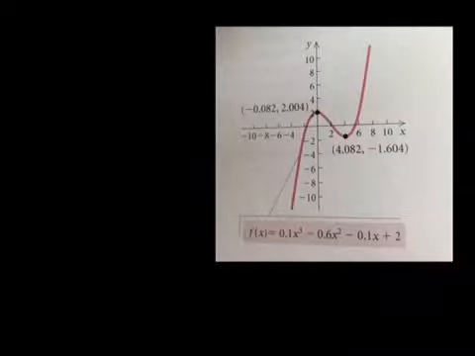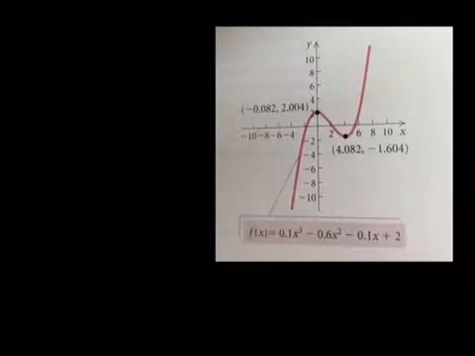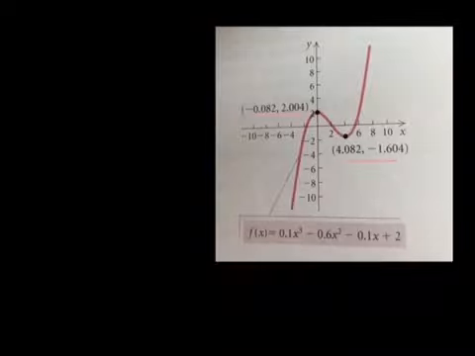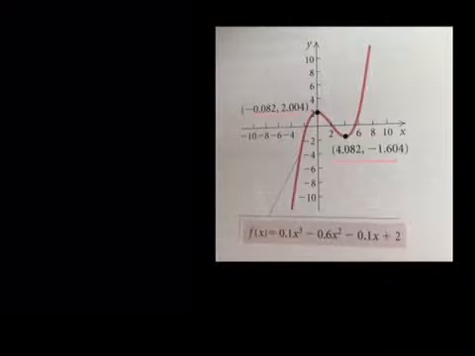All right, so we could look and very obviously see that my maximum is at 2.004. That's the highest point. So there's my maximum, and there's my minimum. And as far as the interval is concerned, it says the interval in which it is increasing. It is increasing from here up to here.